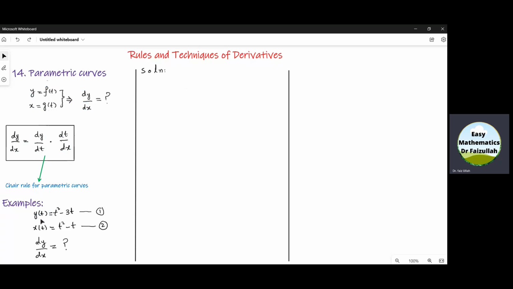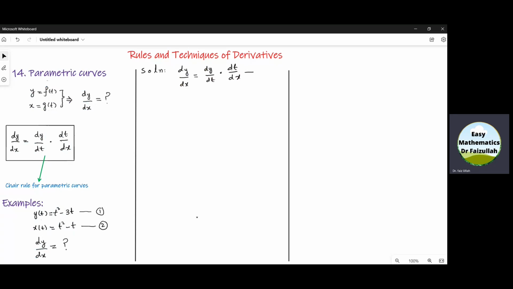In this example, we are given that y of t is equal to t cube minus 3t and x of t is equal to t square minus t. And we need to find dy by dx. So the first step is to write the chain rule for parametric curves. Dy by dx is equal to dy by dt into dt by dx.